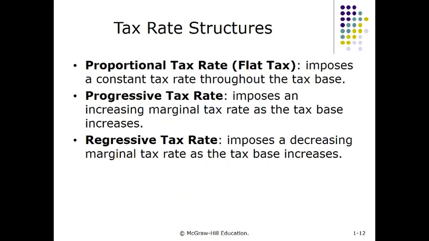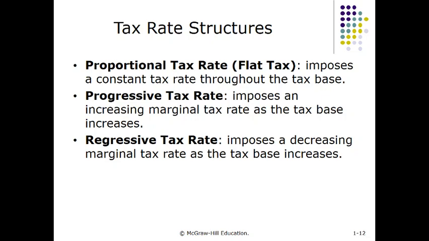All right, so there are different types of tax rate structures depending on the type of tax you're talking about. There's all different types of taxes that we'll discuss here in a minute. One type of tax rate structure is called a flat tax or proportional tax rate.